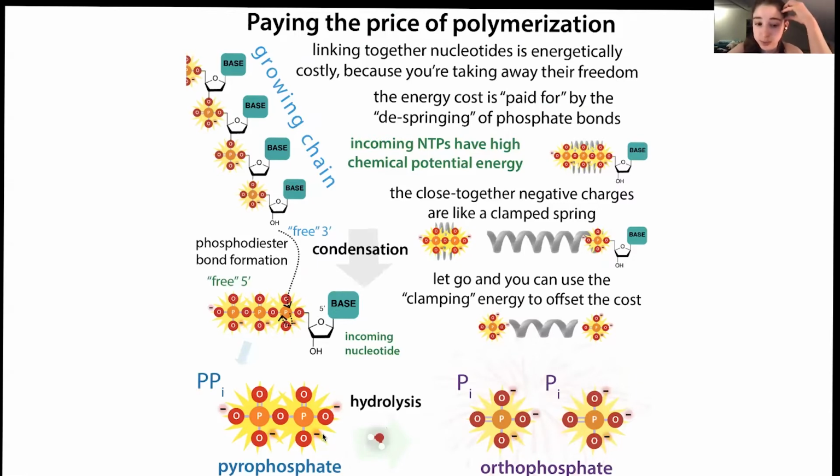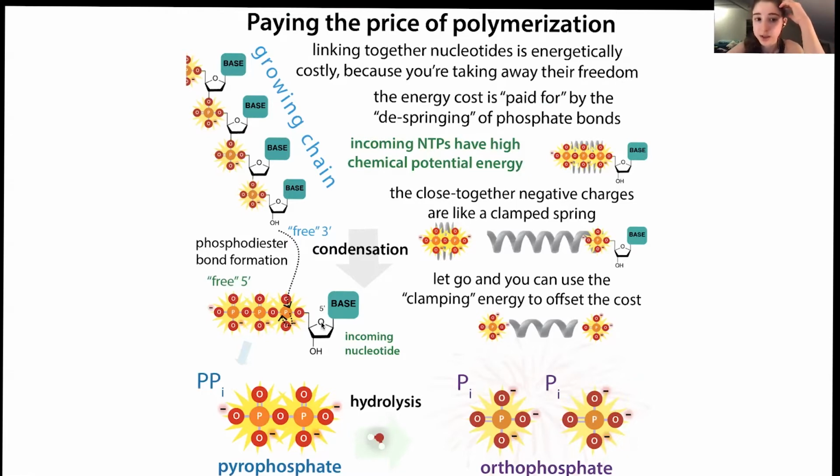So this gets broken up even further into this orthophosphate. And this is going to give you a major entropic benefit. So basically lots and lots of freedom, because you're taking these molecules that were clamped together and now you're freeing them, and molecules like to be free. So you're making things happy, and paying the cost.